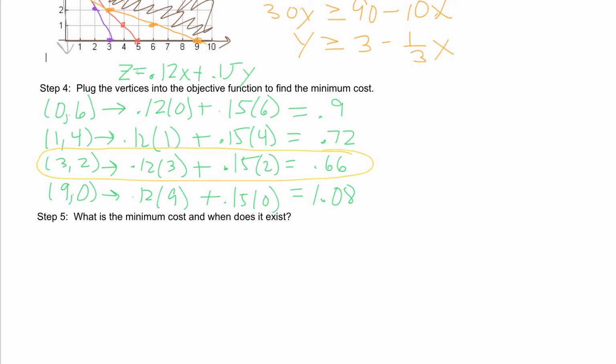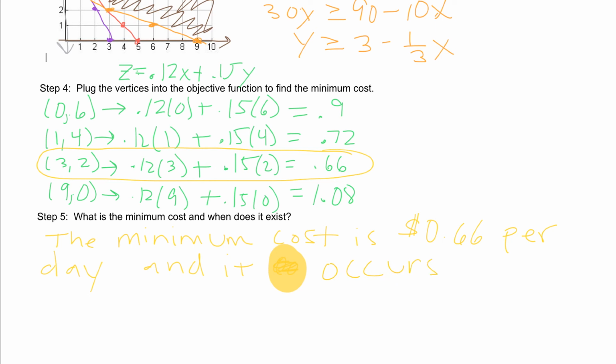So I can say the minimum cost is 66 cents per day, and it occurs when 3 cups of drink X are consumed and 2 cups of drink Y are consumed.